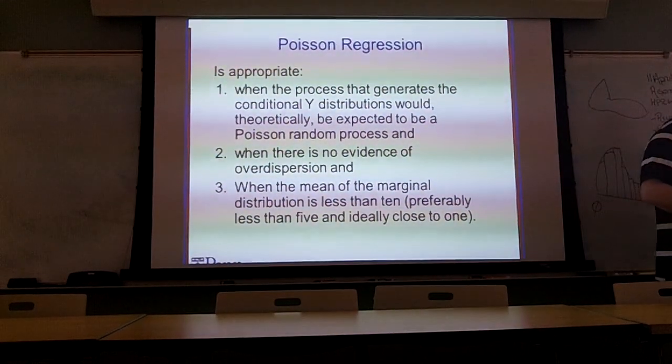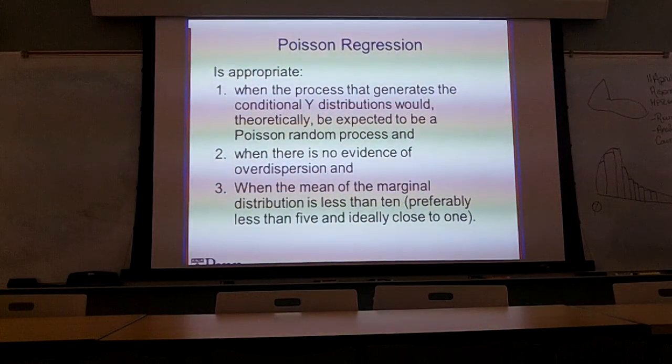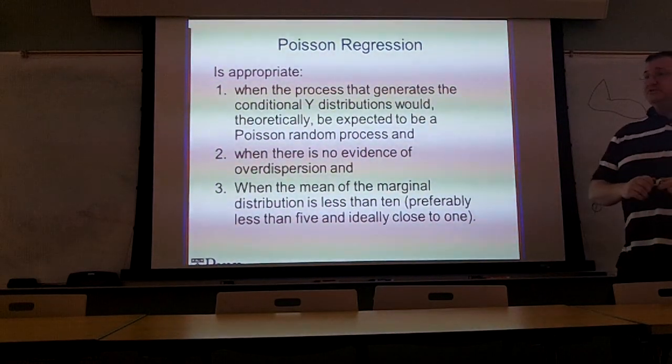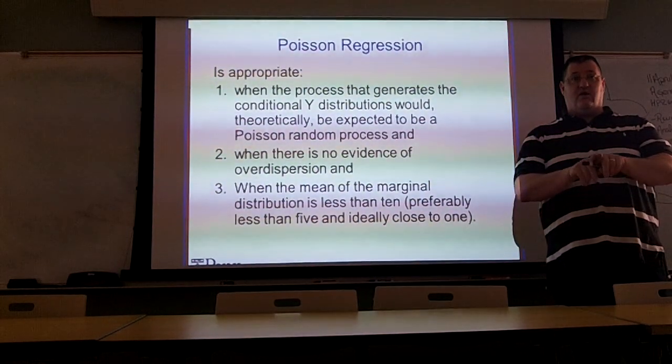So what's over-dispersion? Poisson makes an additional assumption about the distribution of the data. The Poisson distribution makes the assumption that the mean and the variance of the data are the same.